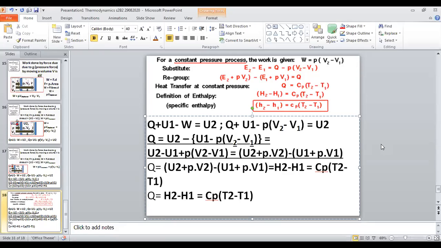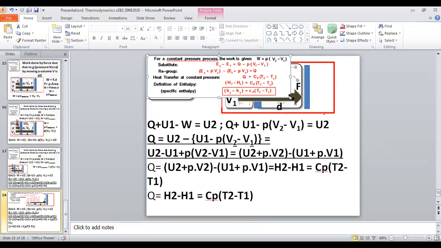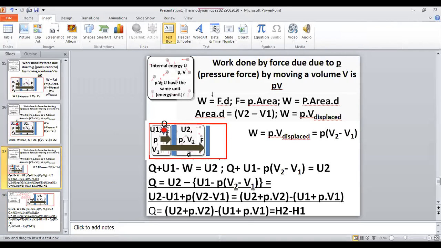We call this constant pressure. So here you can see same pressure, so this one is a constant pressure process.